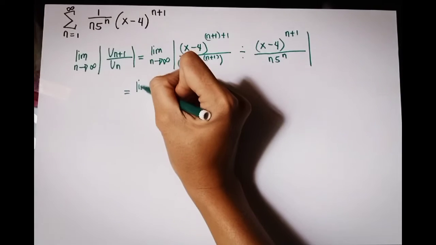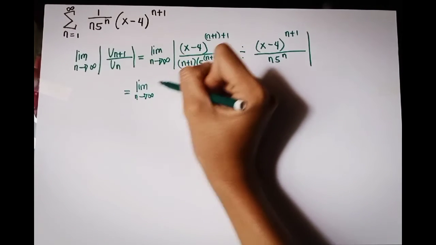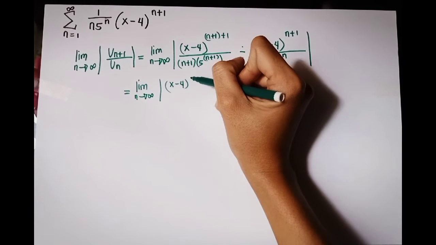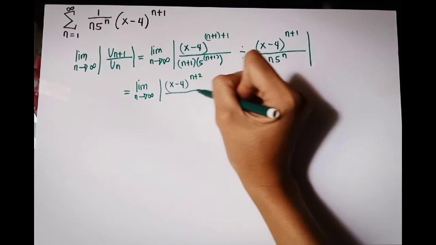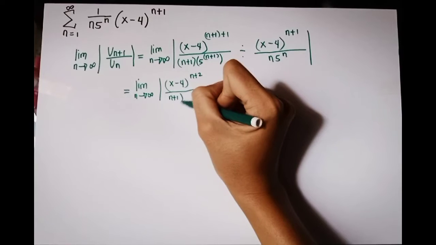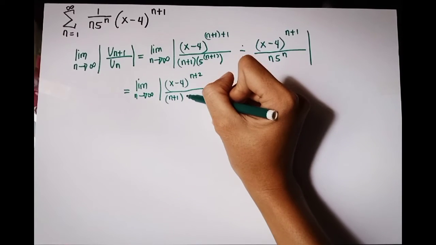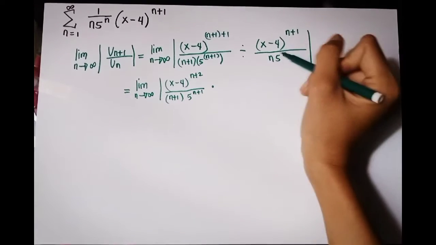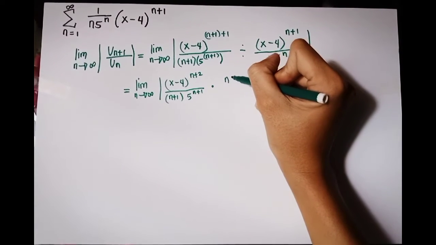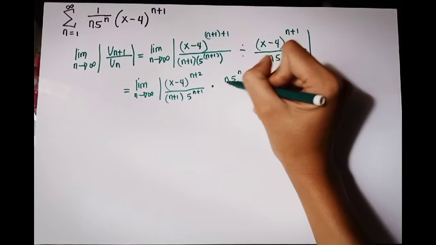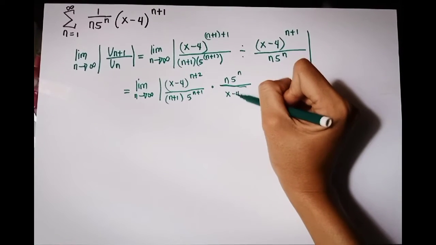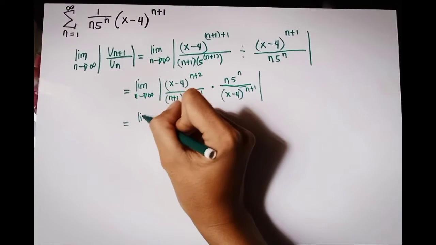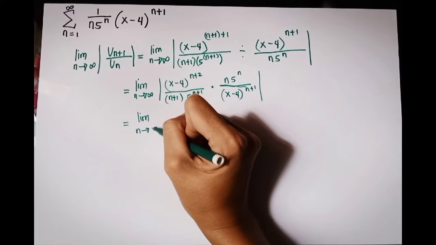So we have the limit as n goes to infinity of x minus 4 raised to n plus 2 all over n plus 1 times 5 raised to n plus 1, times n times 5 raised to n over x minus 4 raised to n plus 1.